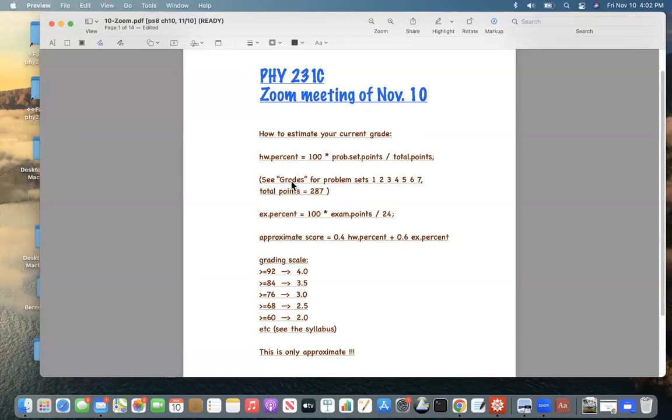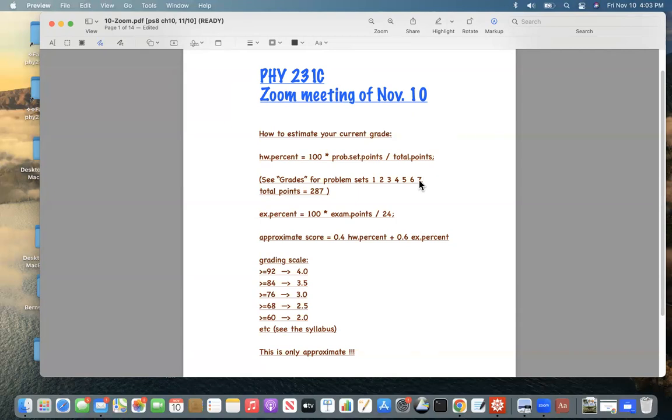Click on grades to find out how many points you have on the problem sets, and add up all your problem set points. Divide that by the total number. That would be for problem sets 1 through 7. You've already finished problem set 7.